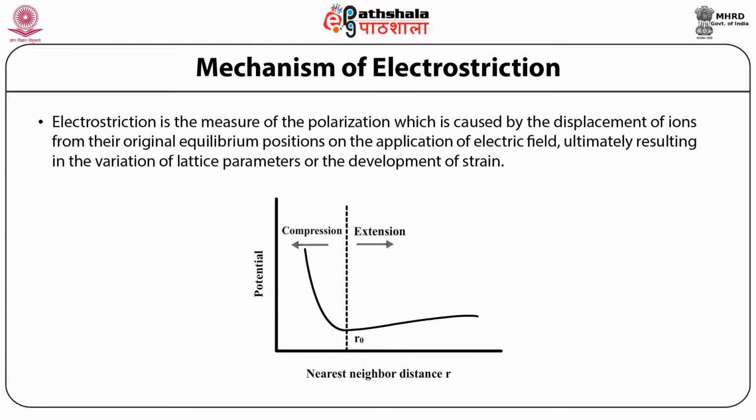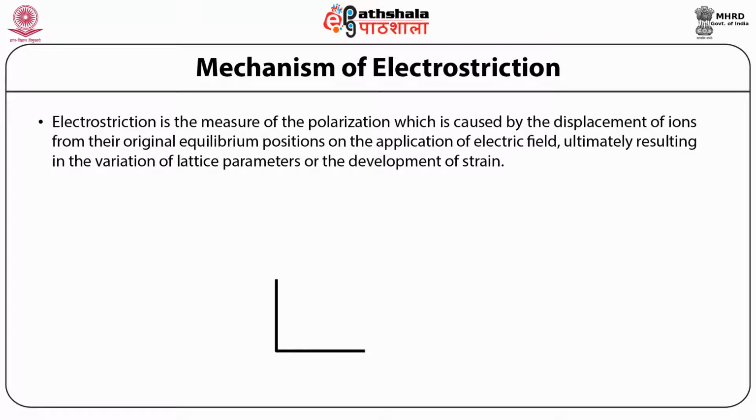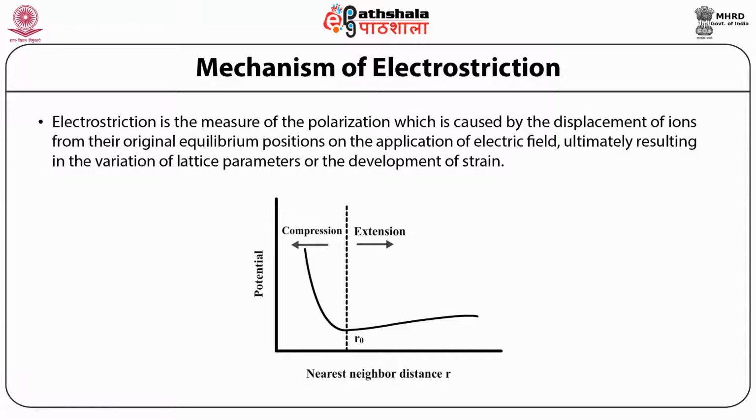This displacement affects the material in bulk, resulting in the overall strain in the direction of the field. The strains produced in the orthogonal directions are characterized with the help of Poisson's ratio.